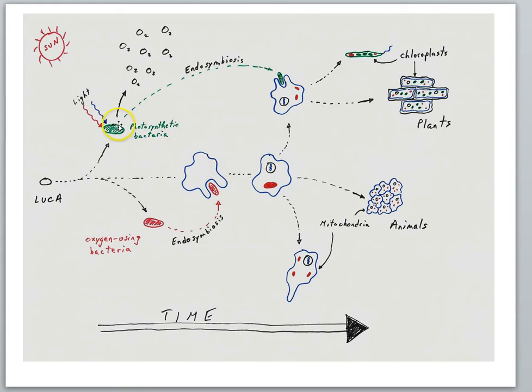On this part of the diagram, we see one of these single-celled organisms went on to incorporate yet another resident through endosymbiosis, but this resident was a photosynthetic bacteria. And this created then the ancestor of organisms that have chloroplasts in them today. Some are single-celled, like Euglena, and then the multi-celled ones like the plants. So in the history of life on Earth, again, lots of important evolution was happening with single-celled organisms.